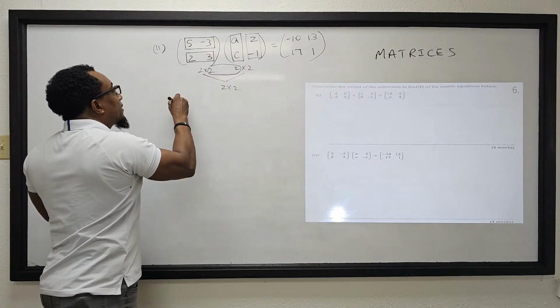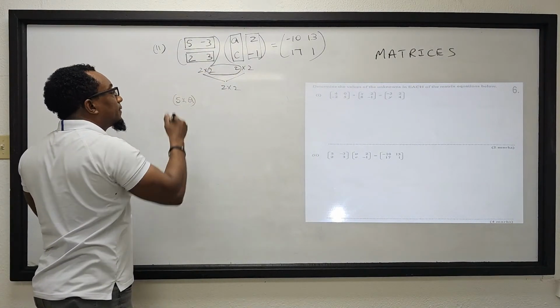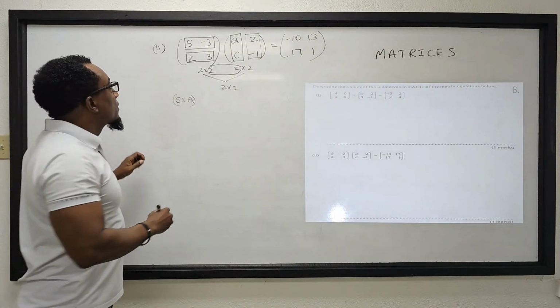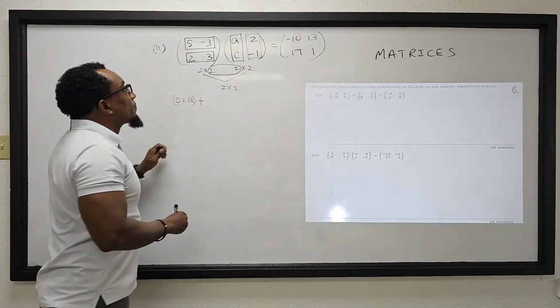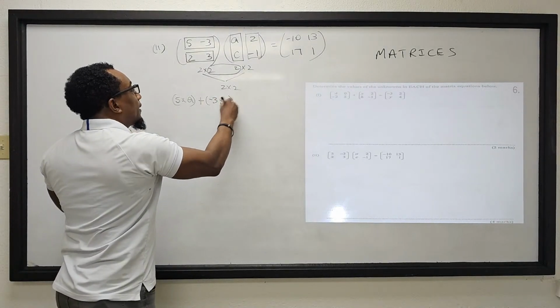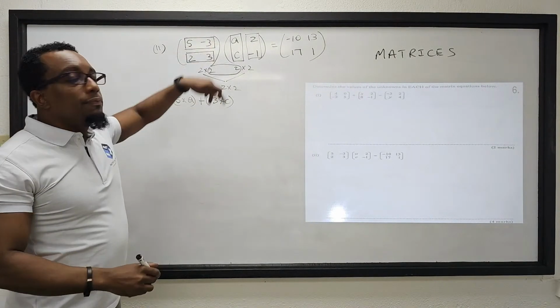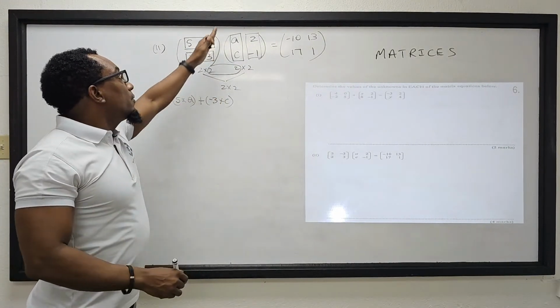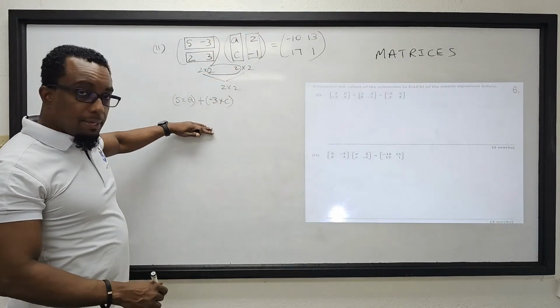So I'm going to multiply. 5 is linked to A, so 5 by A plus negative 3 is linked to C, so negative 3 by C. First row, first column. Now second row, first column, top, bottom.